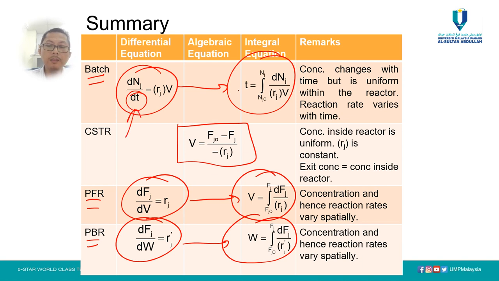So we can convert the ODE to an integral, where the subject, t, will be the design variable of the reactor. For the PFR here it is V, and for the PBR here it is W. All these variables will be the design variables for the reactor.